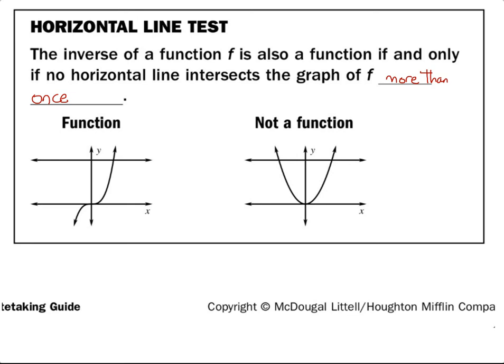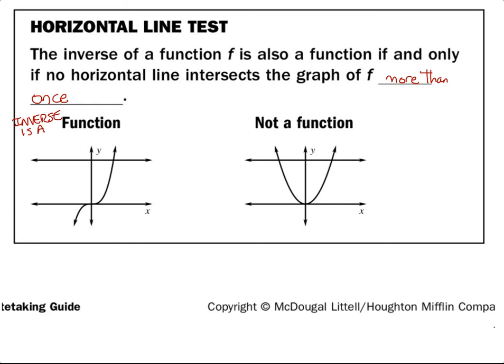On the left picture where it says function, it should say inverse is a function. Because the picture is a function, and that's great, but that's not exciting, and that has nothing to do with horizontal lines. The fact that that horizontal line will only cross the graph once means the inverse is a function.